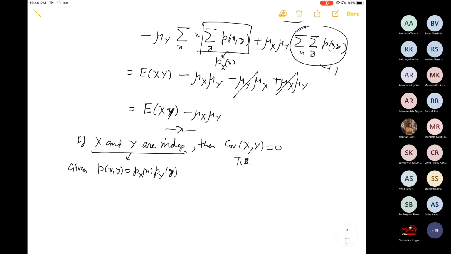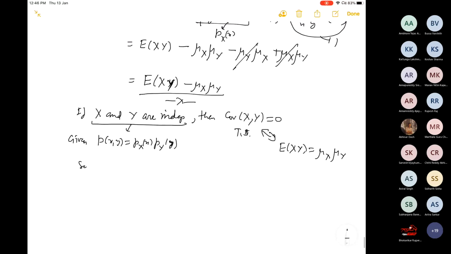Covariance of xy is nothing but this value, so we have to show that the expected value of xy is mu x mu y, the expected value of x times the expected value of y. Let us start from one side. The expected value of xy is the double summation of xy pxy.